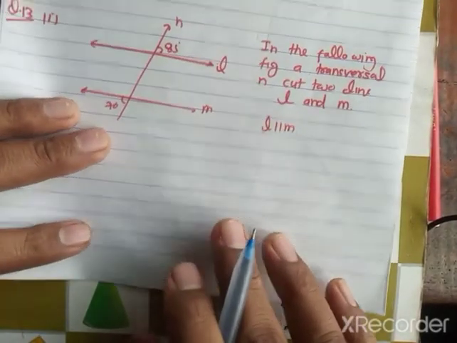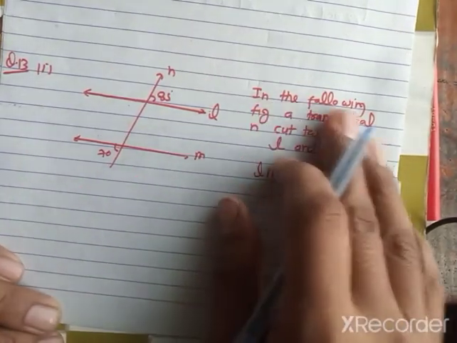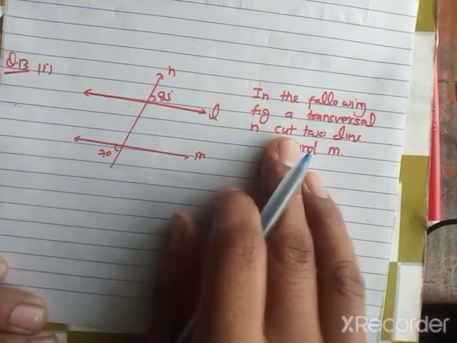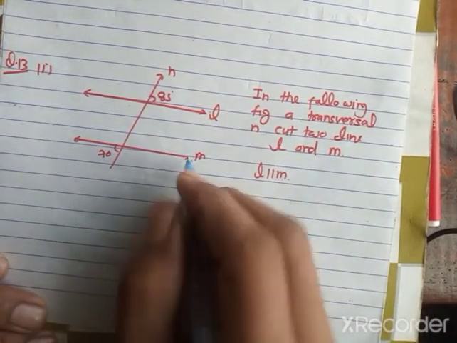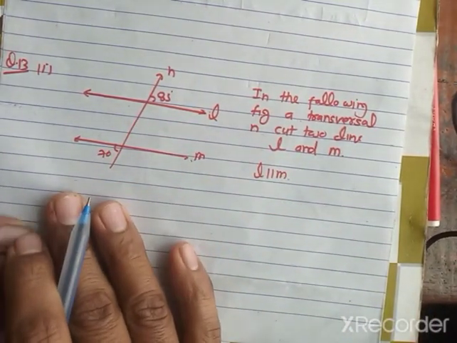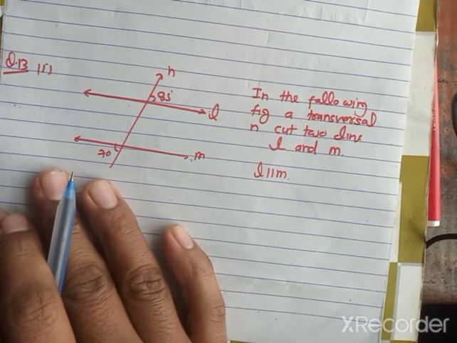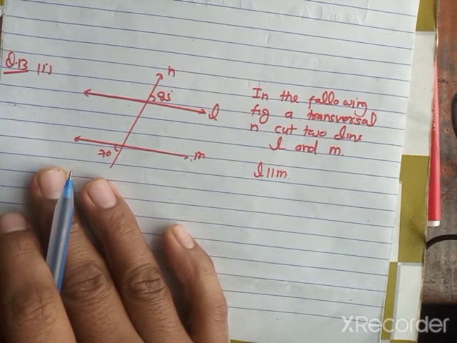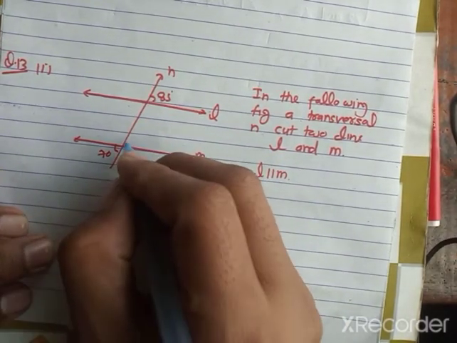Now next question, question number 13, first question. In the following figure, a transversal N cuts two lines L and M. This is L and this is M. Find the angles.